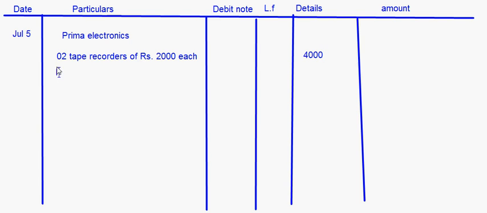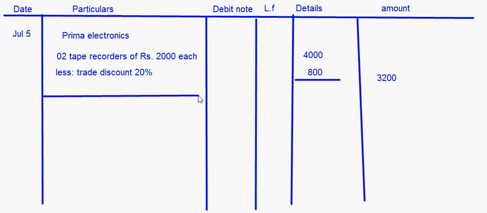Whatever is the trade discount given has to be deducted, so less trade discount 20%, right? So 4000 into 20% is 800 rupees, that will be deducted from here, 800, right? So here you will have 3200 as the amount. So this is the first transaction, right?